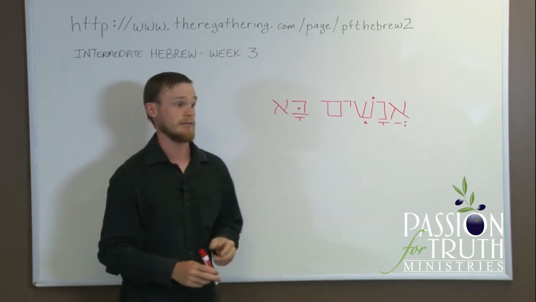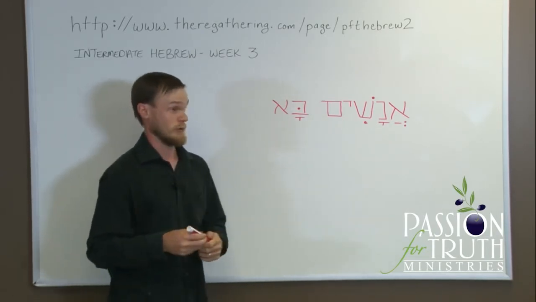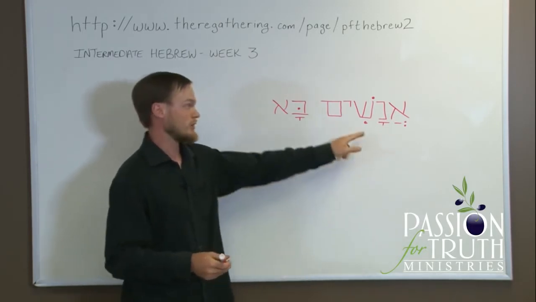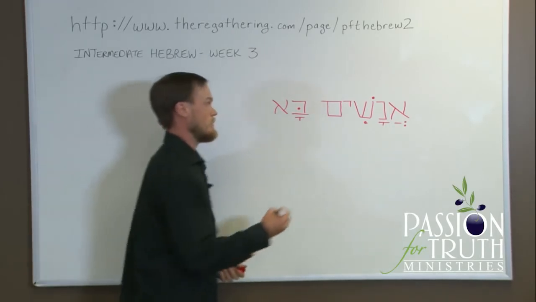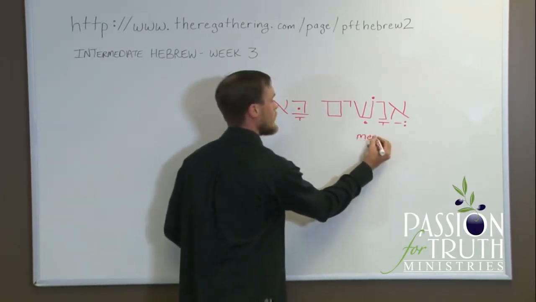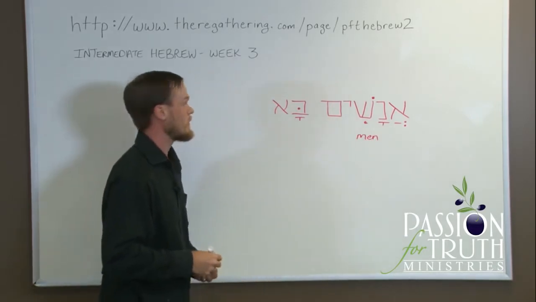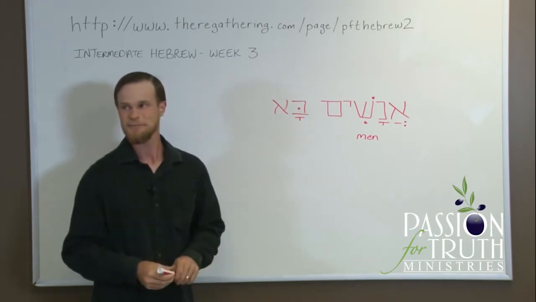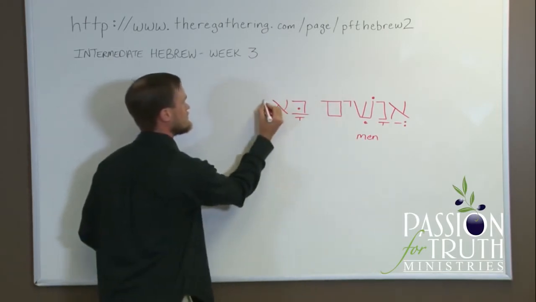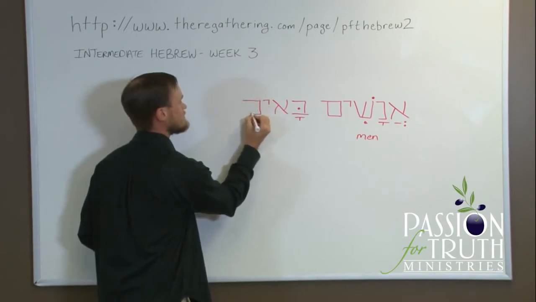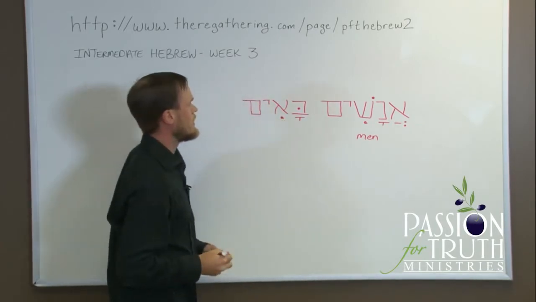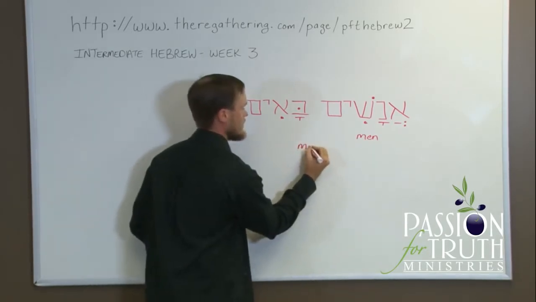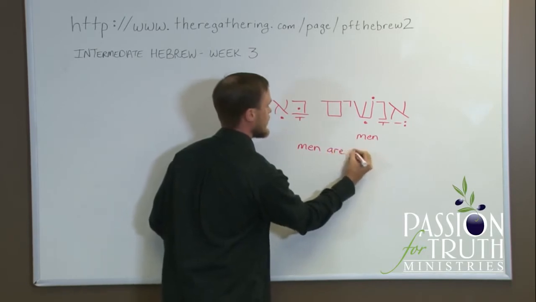And I mentioned this last class, that the number of the verb tells you the number of the subject. Okay, so if we have a plural subject, anashim, men, we need a plural verb. Now in this case, not all cases, but in this case, which is why I chose ba, to make it plural, we simply add im. So anashim ba'im or ba'im anashim, either way means men are coming.